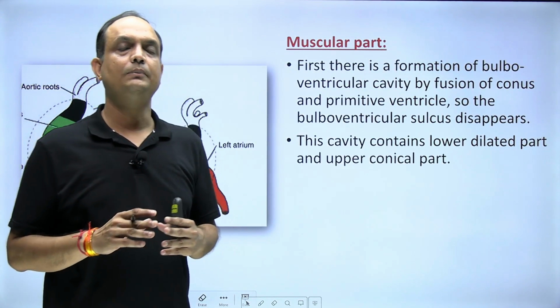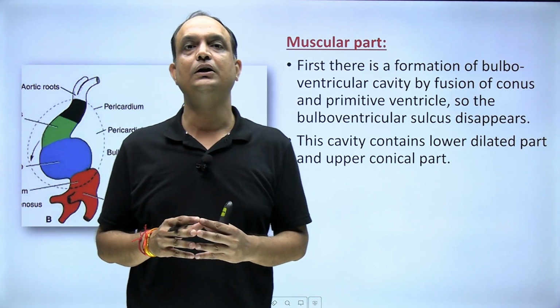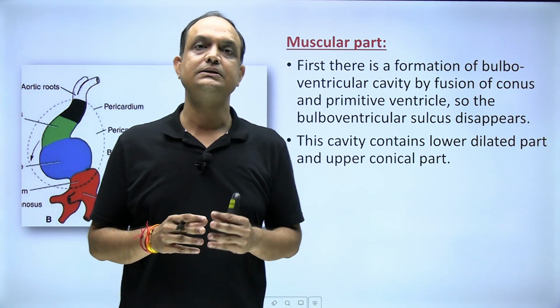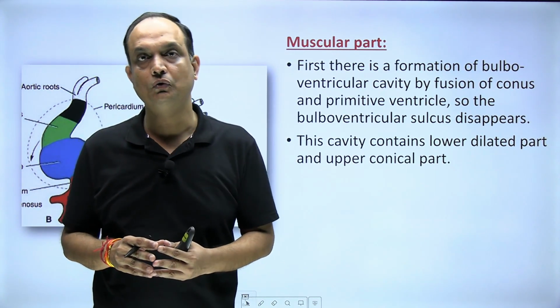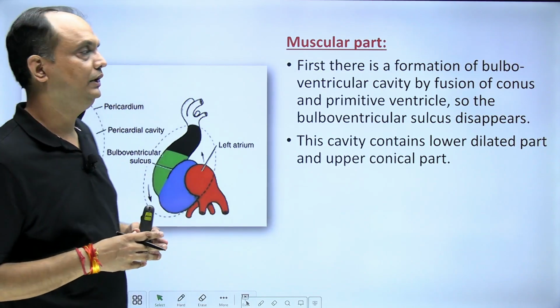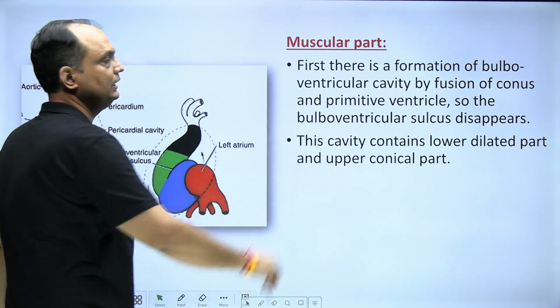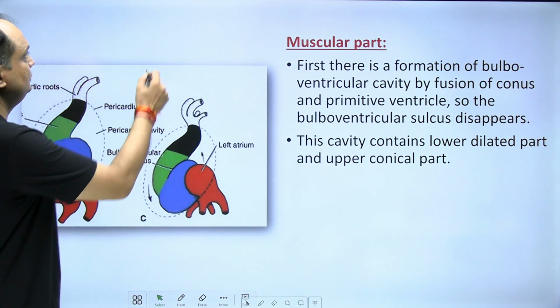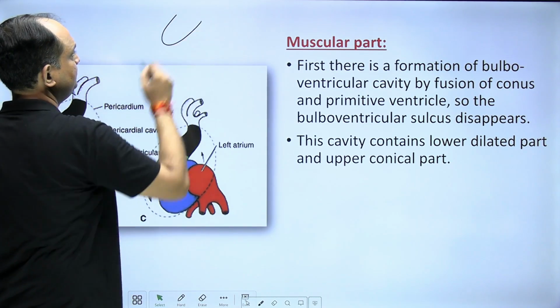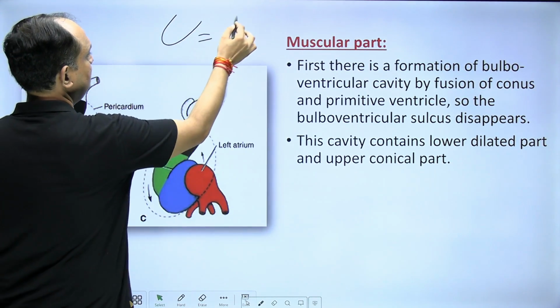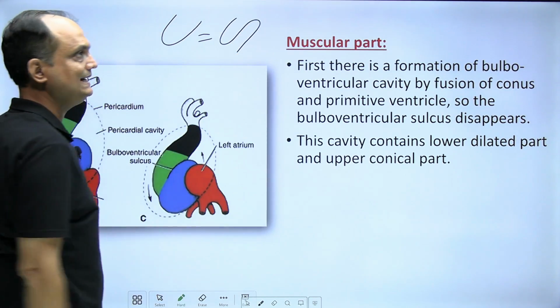Now the formation of the interventricular septum starts after the completion of the folding. In my class on folding, I told you about the formation of the bulboventricular cavity. Initially there is a U-shape folding, later on the folding converts into an S shape.